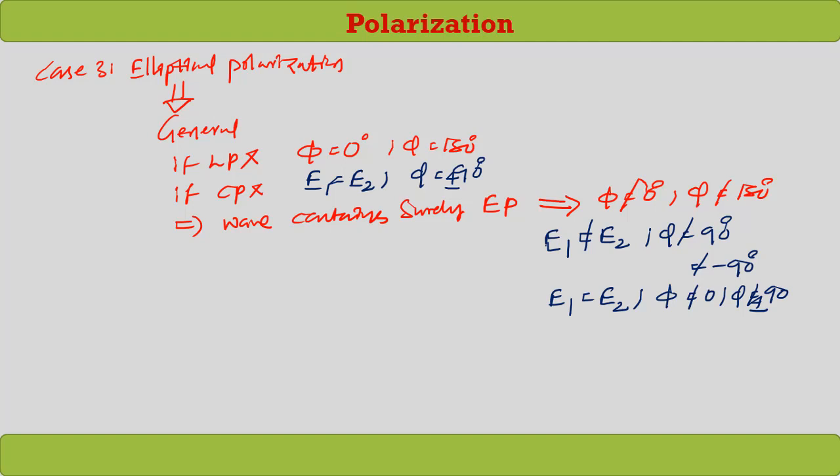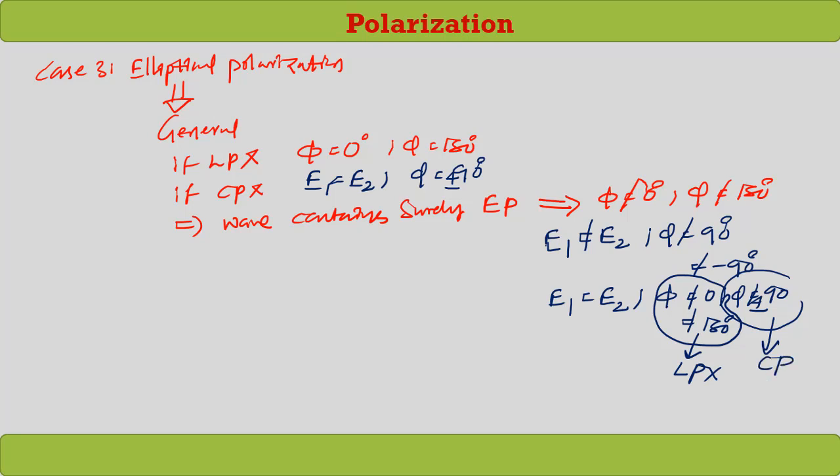Now phi is not equal to 0, phi is not equal to 180. That means you are cancelling the linear, and you are not taking phi is plus 90 or minus 90, so you are cancelling CP also. With this one you can tell LP will not be happening. With this one you can tell CP will not be happening.